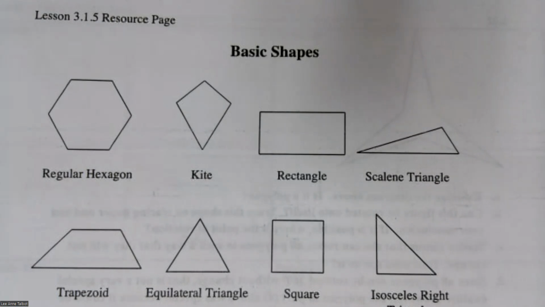Okay, and what we're going to do on number 61 is we are going to draw in all of the lines of symmetry for these shapes.